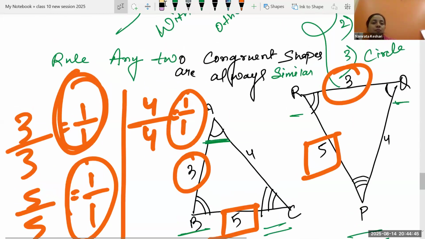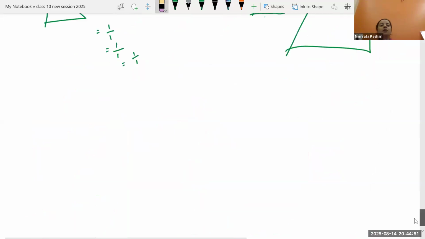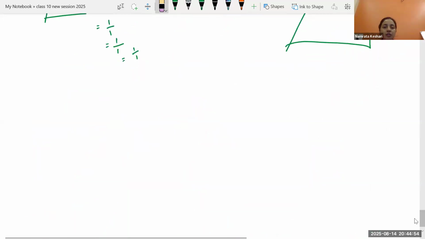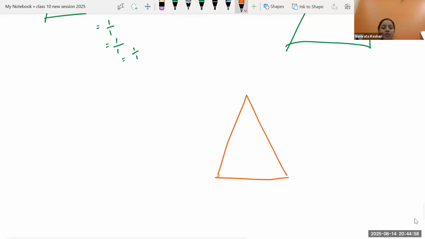Now the fourth rule: if figures are congruent, then those figures will definitely be similar. If two figures are congruent, that means exactly the same.